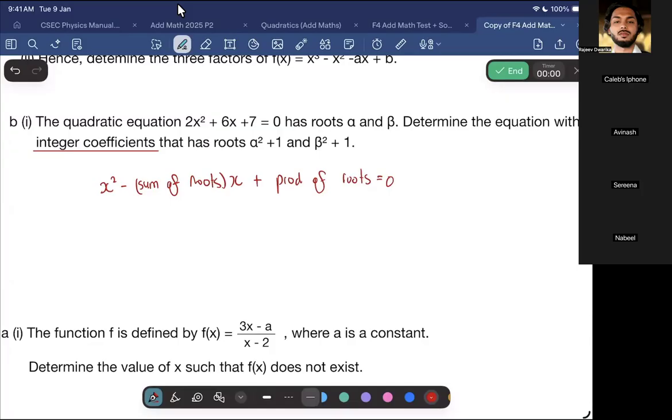Serena, that's supposed to be alpha plus beta, and not alpha squared plus beta squared. For the second line, I think you're supposed to write alpha plus beta. So we have alpha squared plus beta squared, which is alpha plus beta, which is minus 3 squared, minus 2 alpha beta, which is going to be minus 7.